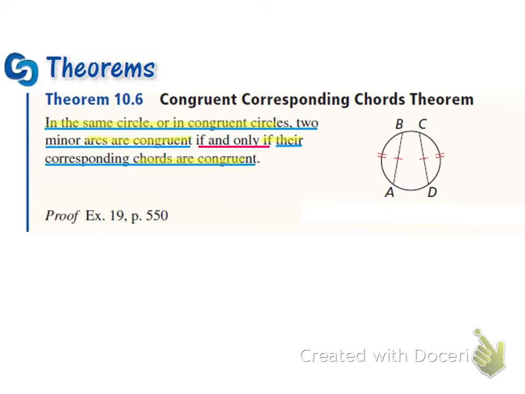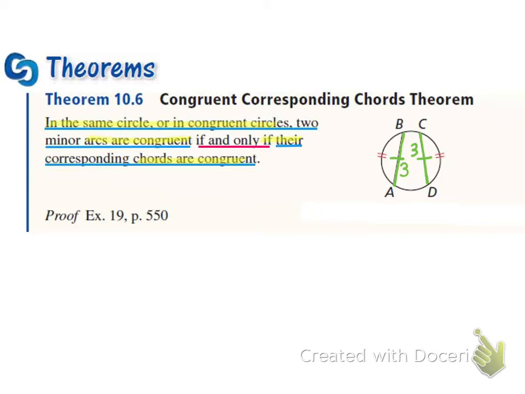Okay, so we're going to apply that to this picture here. All right, so here's what it's saying. If these two chords are in the same circle, we're talking about AB and CD, they're congruent, which means that they are the same length. So if AB is 3, that means CD is also 3.